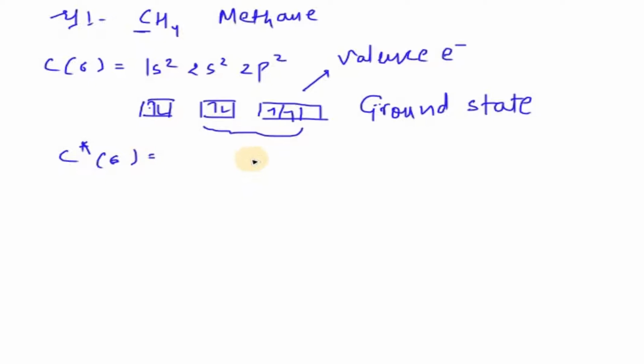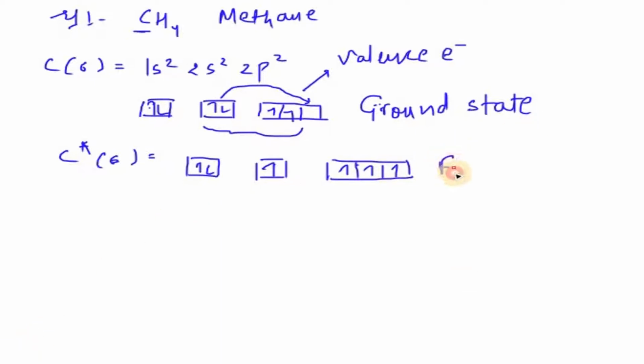So we're going to excite only the valence electrons. 1s2 will remain the same and a valence electron will get excited to become unpaired. This electron from the pair will go into that empty orbital here, and that's how we have seen the bonds forming in the case of methane. That is known as the very first excited state of the carbon atom.